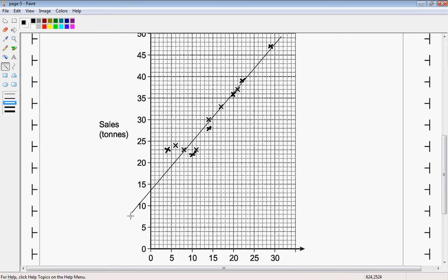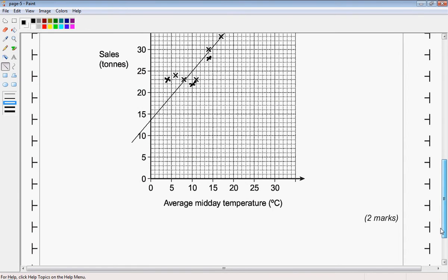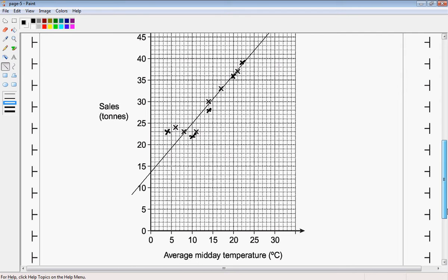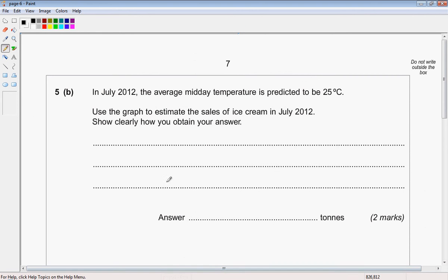Okay, that looks pretty good, so I'll be quite happy with that. Okay, now I believe that you get 2 marks, so there's just 2 marks for your line of best fit and the plotting points.